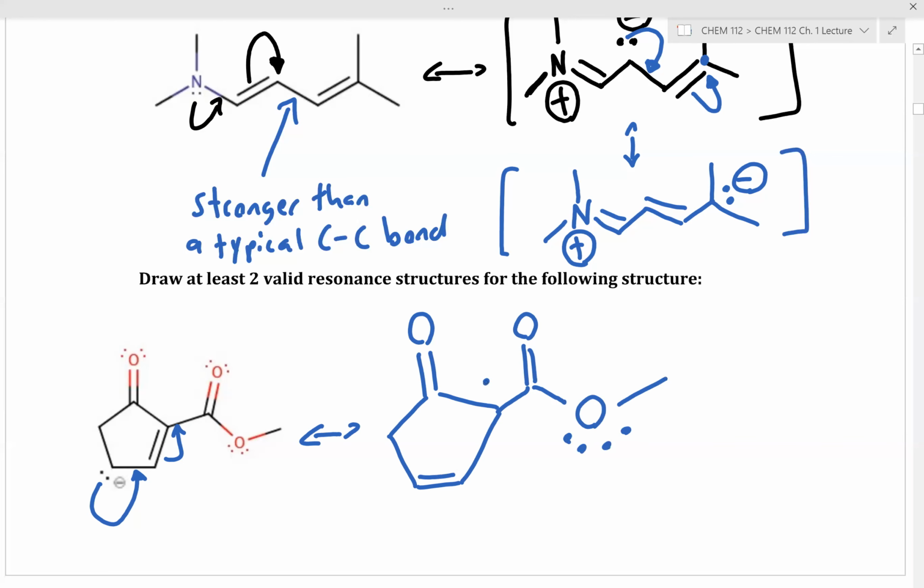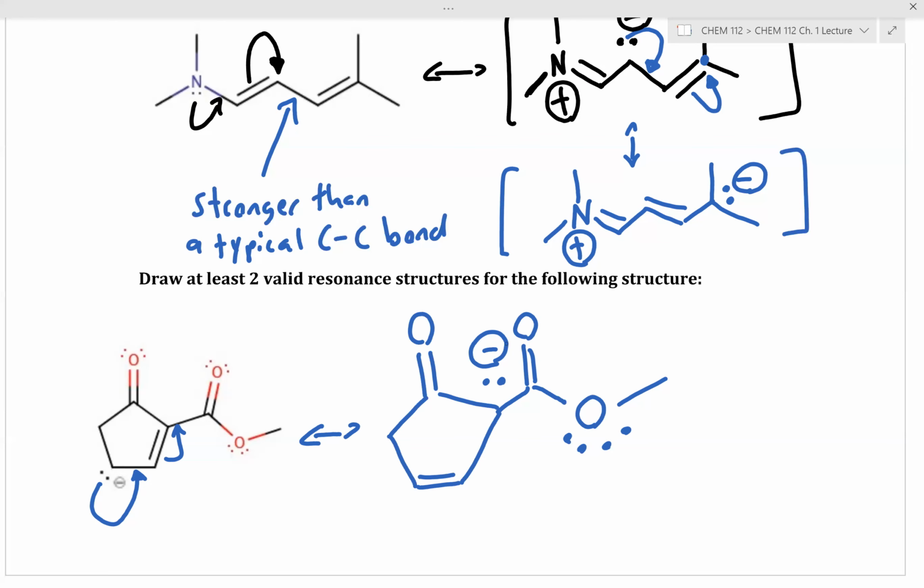It's interesting that everyone is already picking up on a very interesting potential resonance form in this molecule. Now that we have the lone pair on this carbon, we have two potential adjacent double bonds to work with, right? We have both the ketone and the ester double bond to work with.